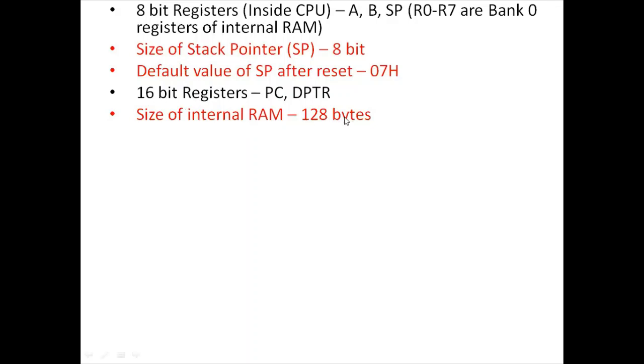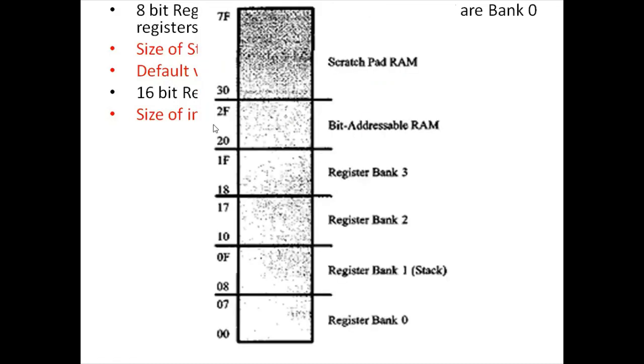I said 8051 has internal RAM and internal ROM. So the size of internal RAM is 128 bytes. Let us quickly see what are the bytes. So here you have 4 banks: register bank 0, bank 1, bank 2 and bank 3. In each bank you have R0 to R7 registers.